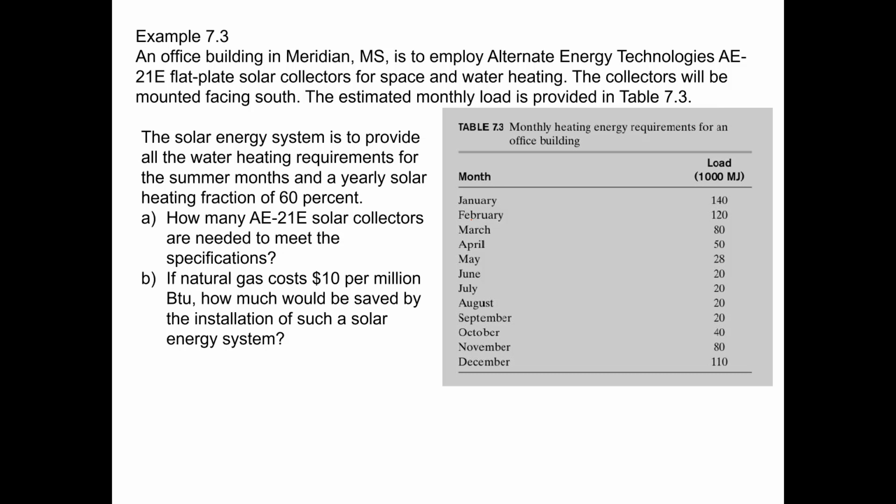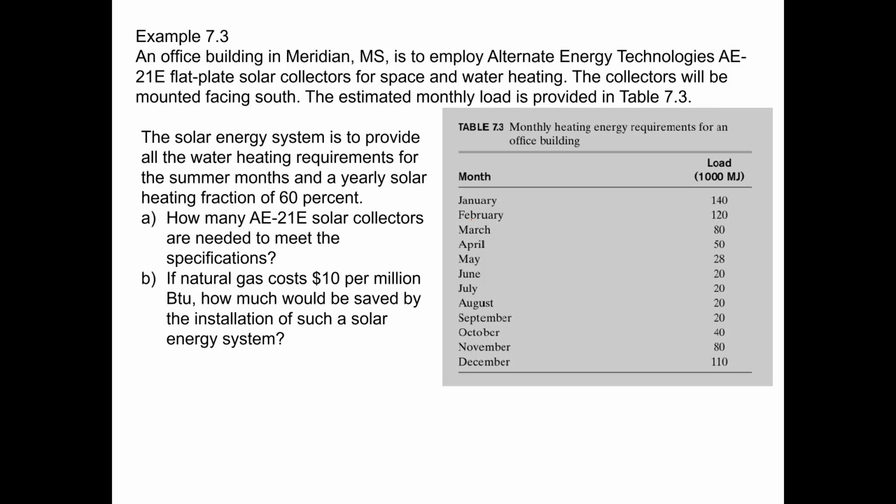So the solar energy system is to provide all the water heating requirements for the summer months and a yearly solar heating fraction of 60%. So that's the requirements that they want. They want the system to be able to provide all of the water heating requirements for all the summer months.